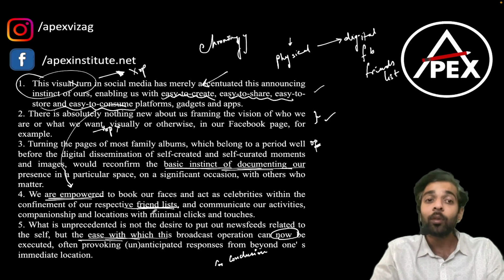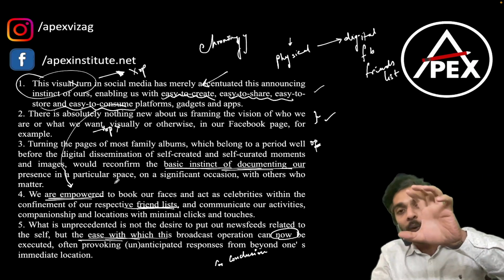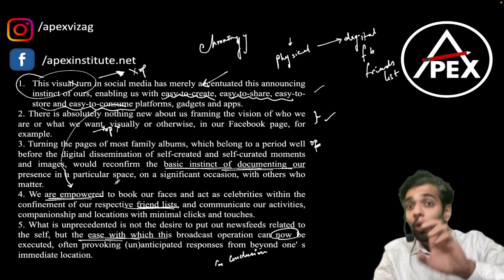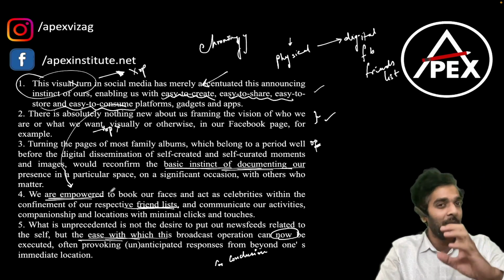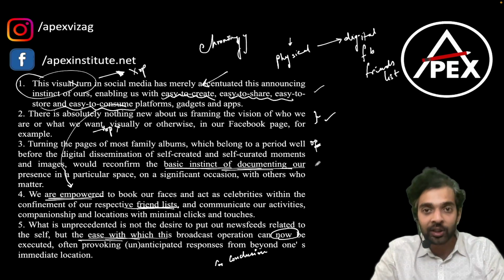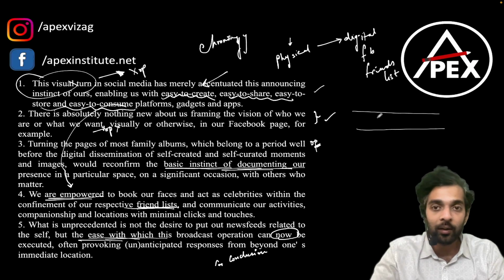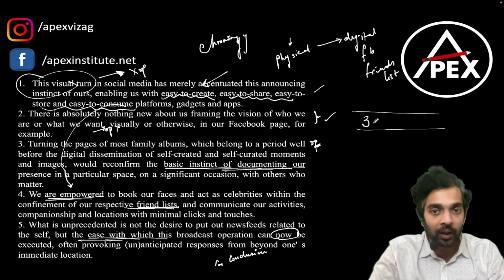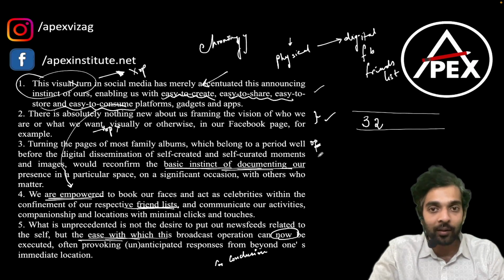Fair enough. So he's saying that before we used to do this, now we do this, but what is new is something else. Are you getting how the story is being framed? So by that logic, definitely my opening sentence, guys, is 3. After 3, I think I should be moving to 2, because this is about physical and this is the first time he's mentioning digital.